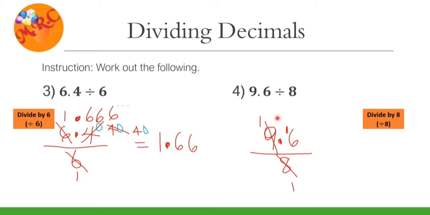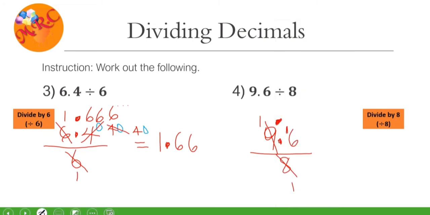So I need to put my decimal point here, right? So I have put down my 1 here. I cross over the decimal point to carry the 1 to the next number, which is 6. I need to put my decimal point here. Alright, so my decimal point goes there.